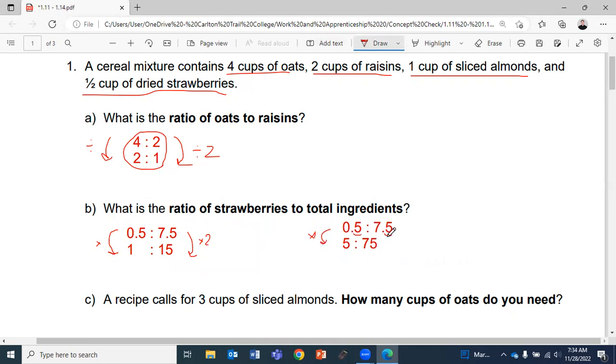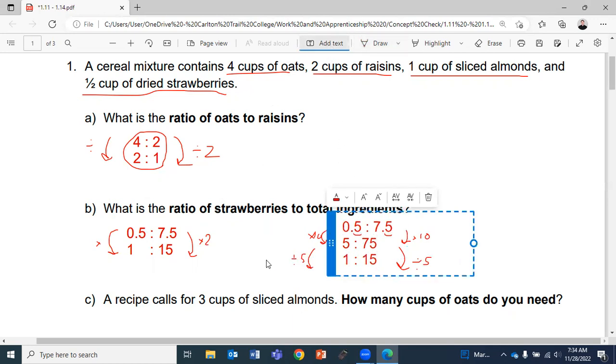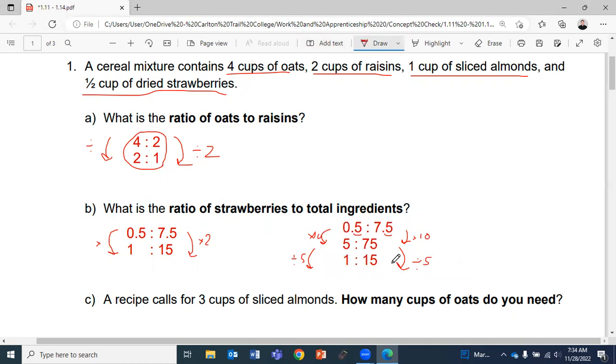And then I just have to simplify it again. I see that I can take out a 5, so I can divide both sides by 5 here. And that would simplify the answer to a 1 to 15 ratio again. So the answer here is going to be 1 to 15. It's my final answer, I circle it, right?